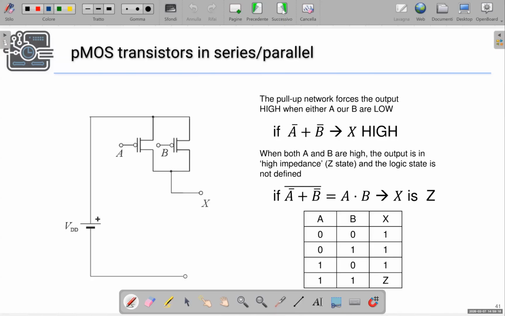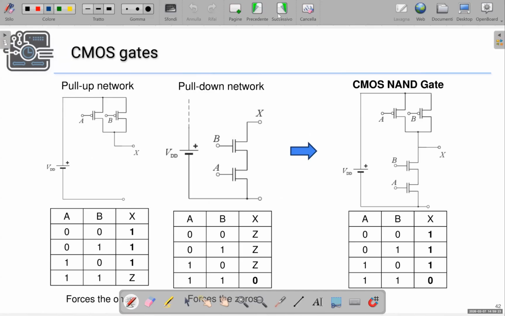So what is the idea that we can exploit to get a full logic gate? We can consider a pull-up network and a pull-down network that are active for a complementary set of inputs.